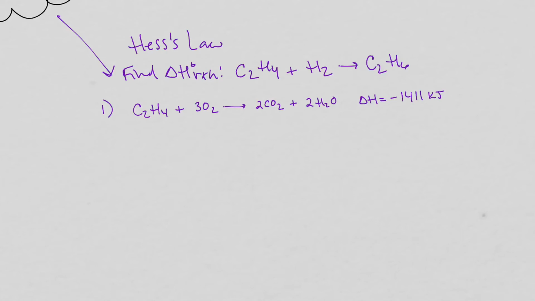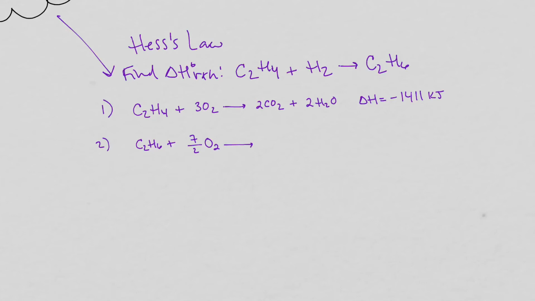The next reaction that we're going to do is C2H6 plus 3.5 O2, so 7 halves O2. Remember, you can have fractions in Hess's law equations.